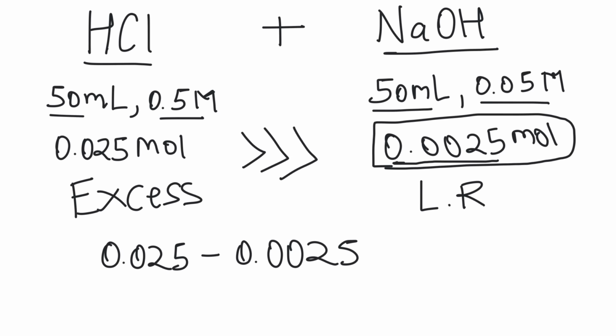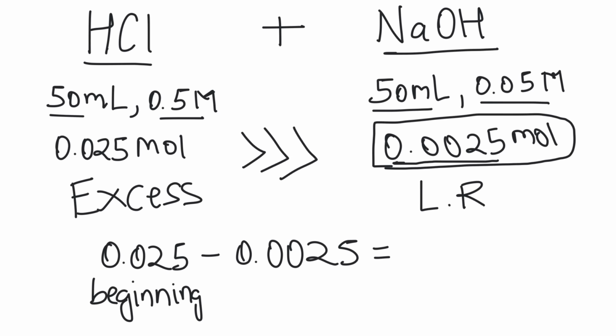Okay, it is very important that you understand what these two numbers represent. This first number is the beginning. This is how much hydrochloric acid I had in the very beginning of the problem.